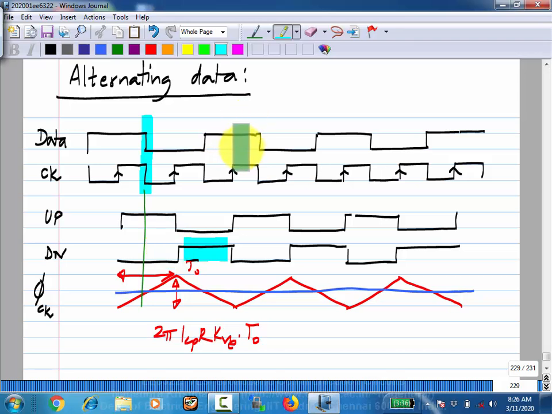Similarly, the solution is saying that if you are getting an up signal here, it should have been late at that point. But if you look at the way the phase is drawn, that's not quite right. In fact, it is slightly early. So in fact, this solution is not quite possible.